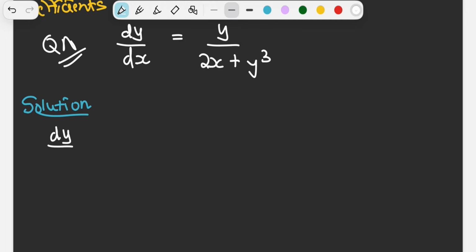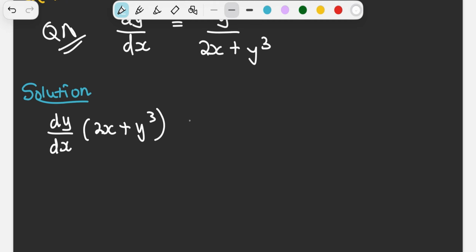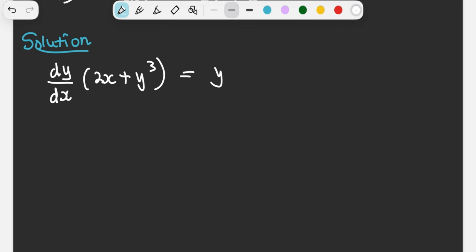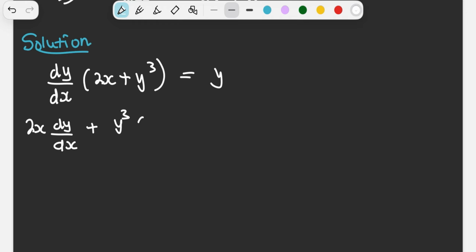So dy over dx multiplied by 2x plus y cubed is equal to y. It depends, you can factor it out, you can leave it like this if you want, you can factor it out and just have 2x, or you can put it to the other side, so minus y is equal to 0.